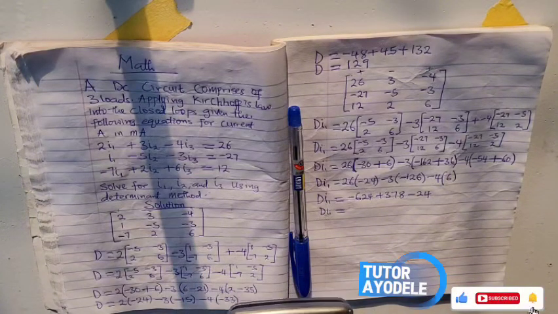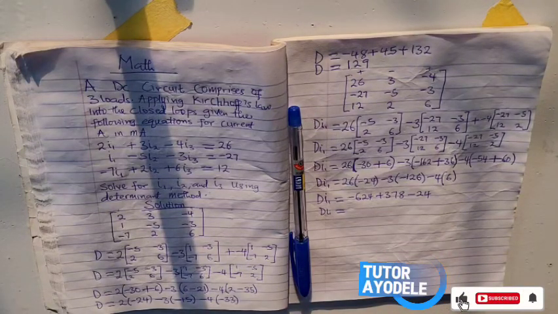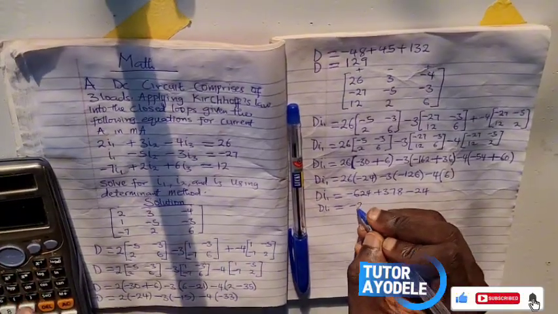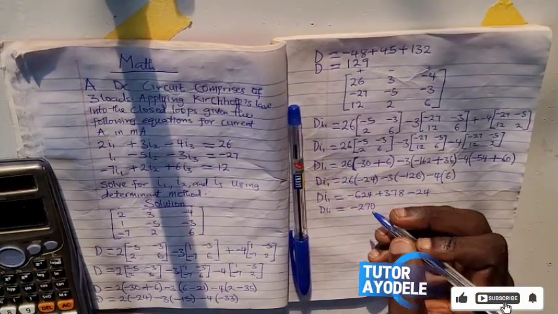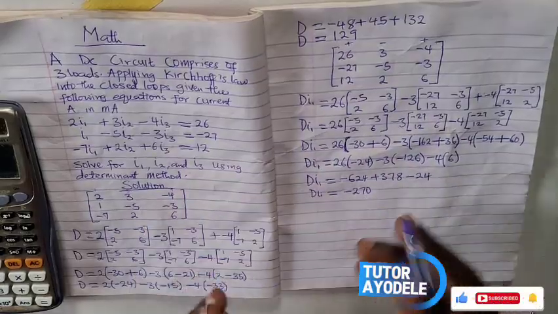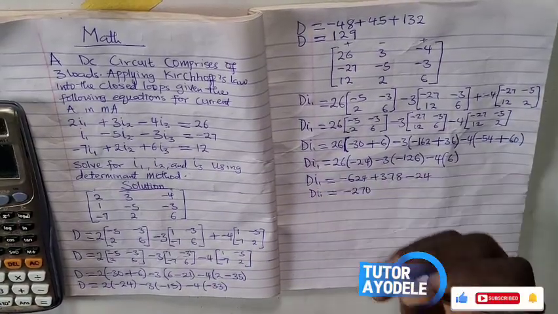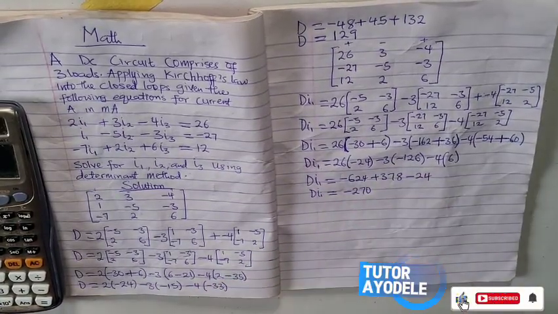This is equal to minus 270. So that is our di1. That is the determinant of the first current.